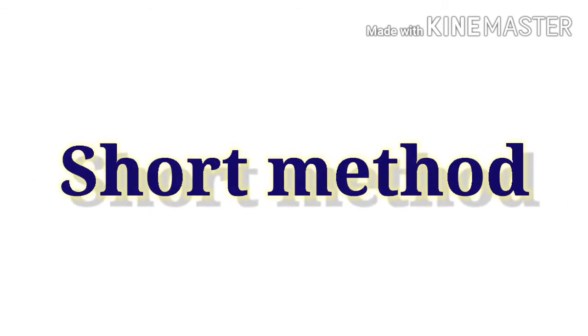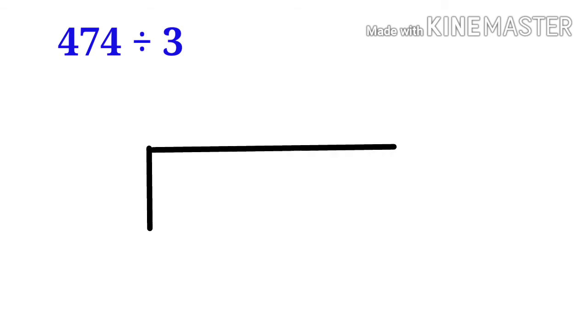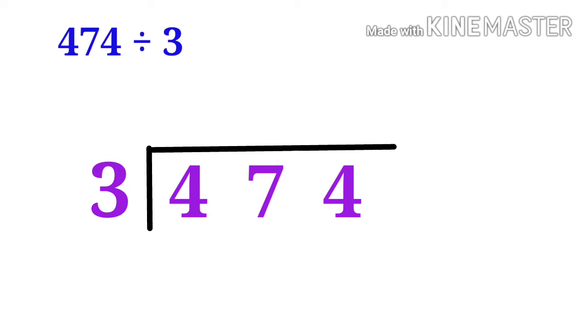Okay, this method is called the short method of division. We will use the same numbers to carry out the division. Like before, we will draw two lines enclosing the dividend 474. Then you write the divisor 3 on the left.